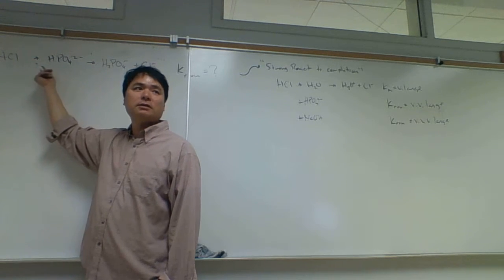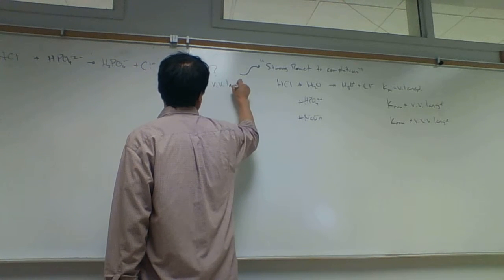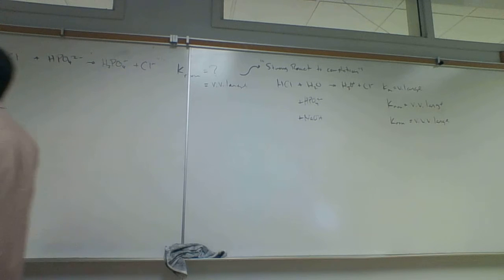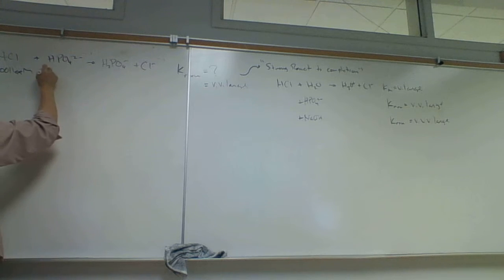This is a weak base, and so K is going to be very, very large. That means this is going to react to completion. So the HCl is going to be 0.001199 molar. The HPO4 2 minus was going to be 0.6307.